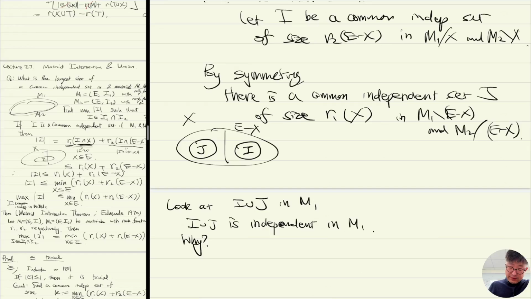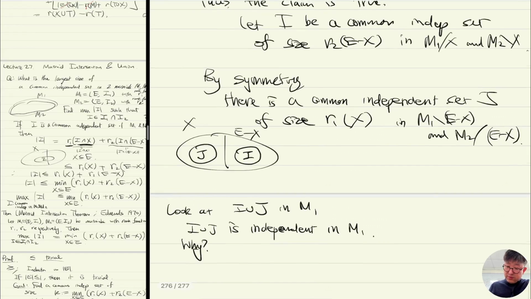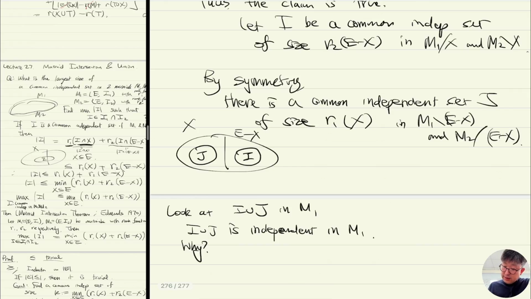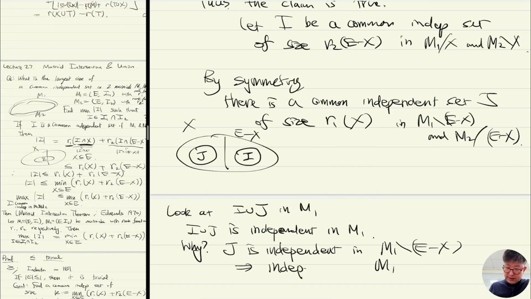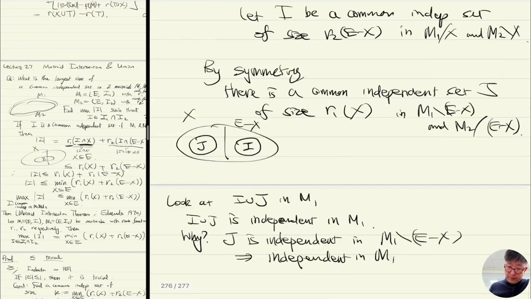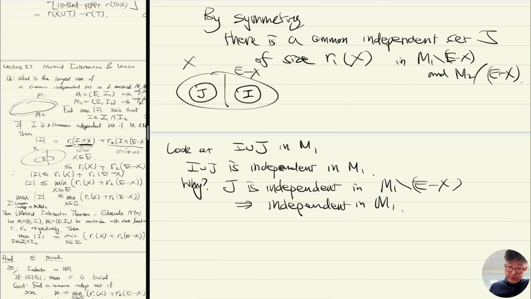Why? First of all, I know that J is independent in M1. This means J is independent in M1. And furthermore, the rank of J is equal to rank 1 of X.